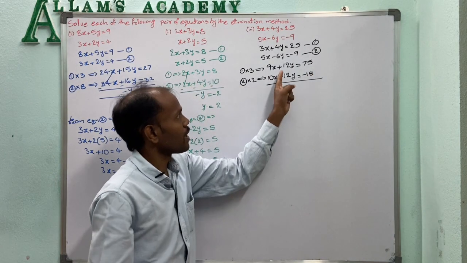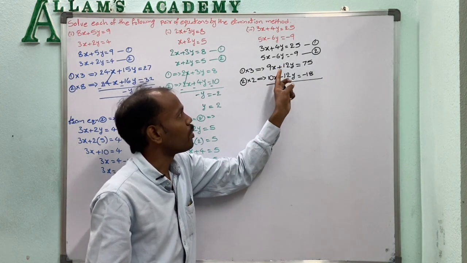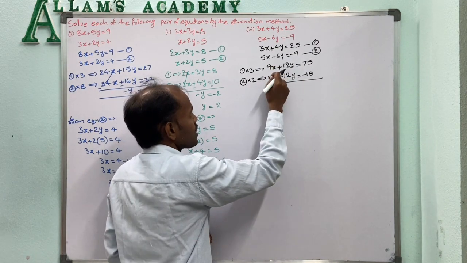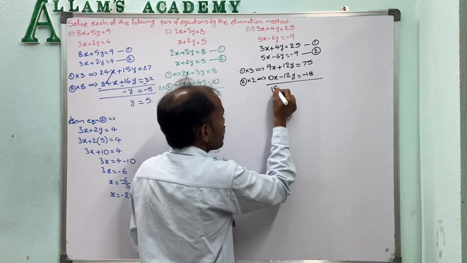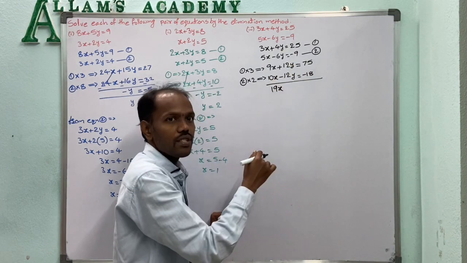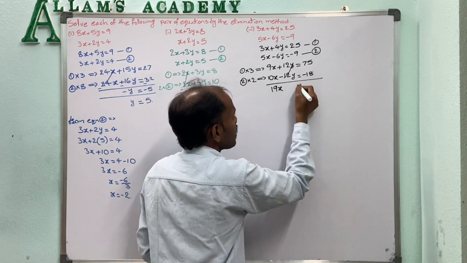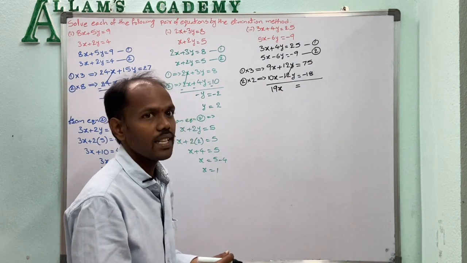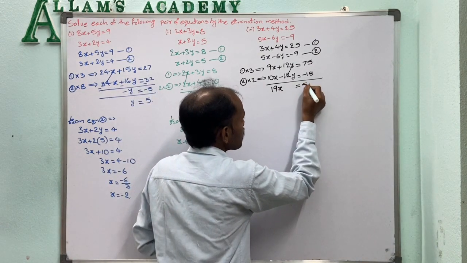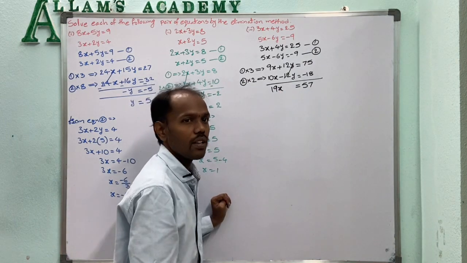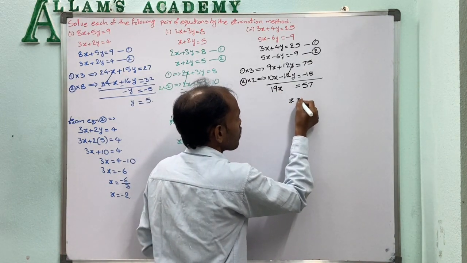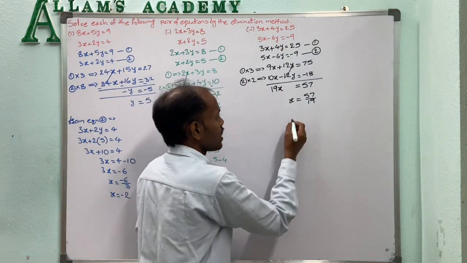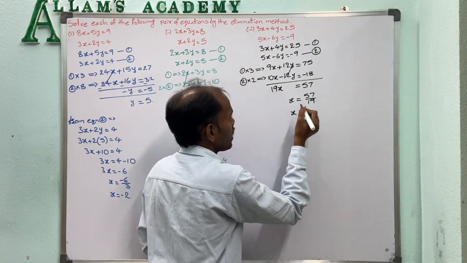Now here plus 12y and minus 12y have different symbols, so we directly cancel by adding. So 9 plus 10, that is nothing but 19x, plus 12y minus 12y both get cancelled, equal to 75 minus 18. 75 minus 18 is nothing but 57. So 19x equal to 57, then x equal to 57 by 19. So 19 ones, 19 threes, so x equal to 3.